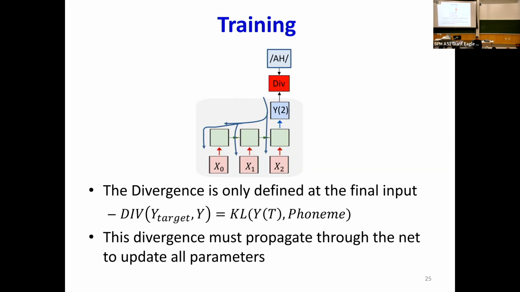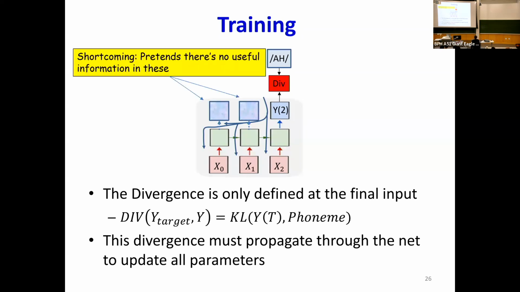Is this making complete use of the input, or are we losing something? Yeah. There are outputs for like the previous token, but we didn't use it. Exactly. So we're pretending there's no useful information in these places, right? But if I'm performing phoneme recognition, if I'm saying ah, then it's ah at every single time, right?